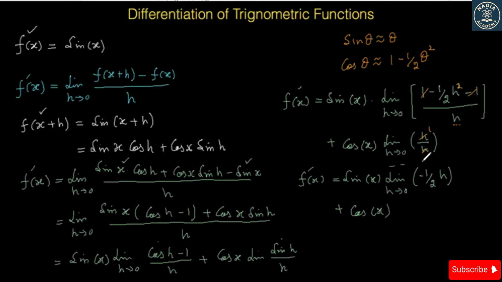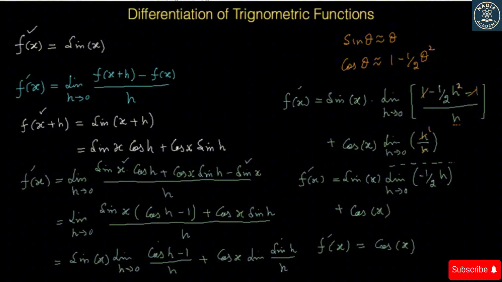Now we apply the limit on this first term, and then we will get 0. 0 times sin x is 0. So the derivative is equal to cos x.